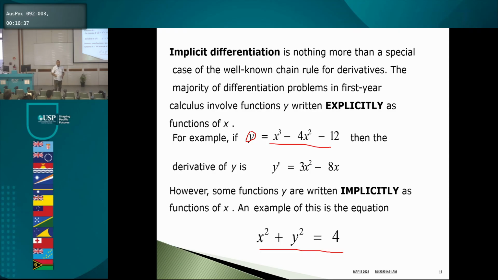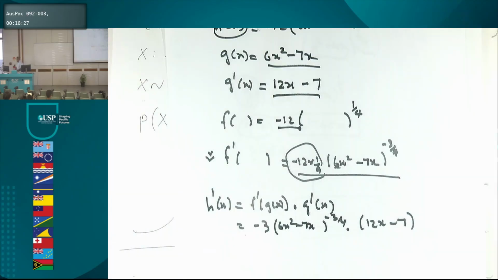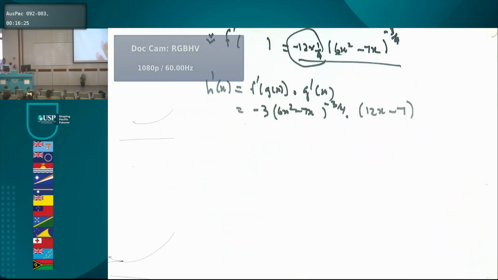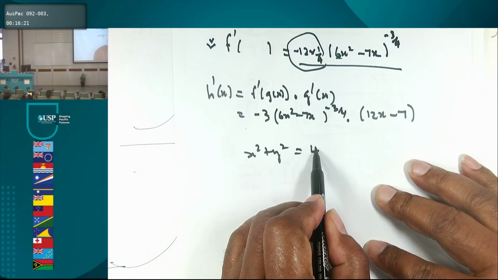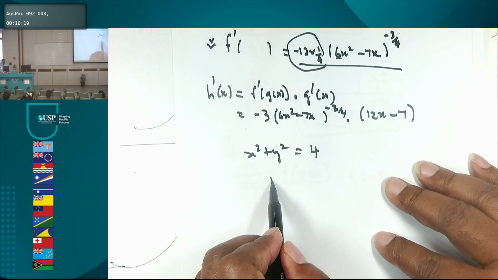Make y the subject. What do you get? y equals... x squared plus y squared equals 4. Take the x squared to the other side.